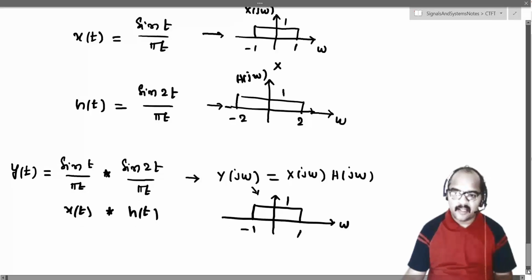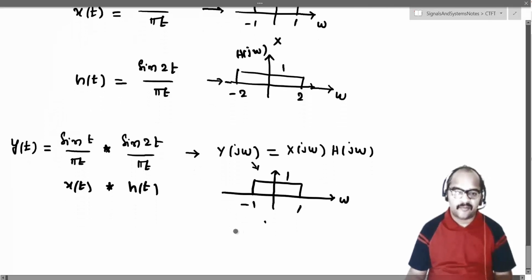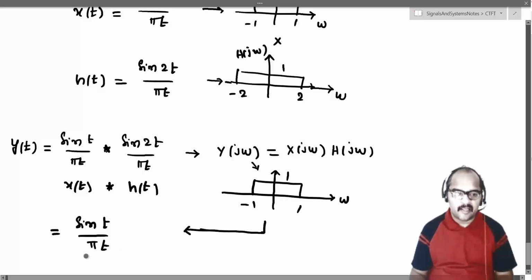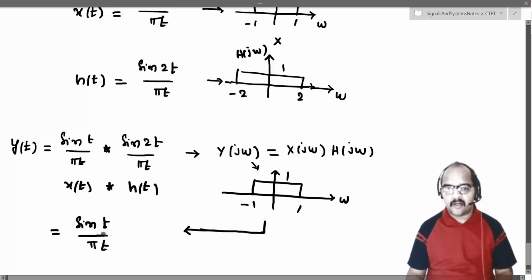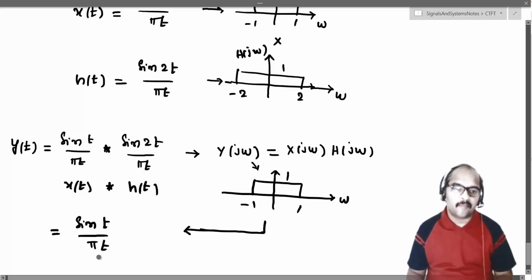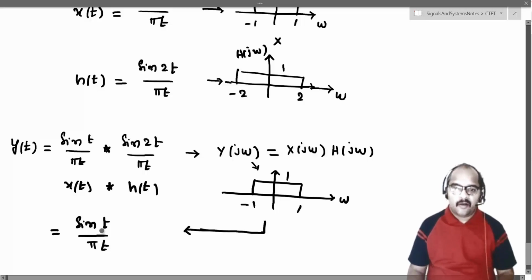Now let us take the inverse Fourier transform. Which signal will have this rectangular function as its Fourier transform? Sine t divided by pi t.